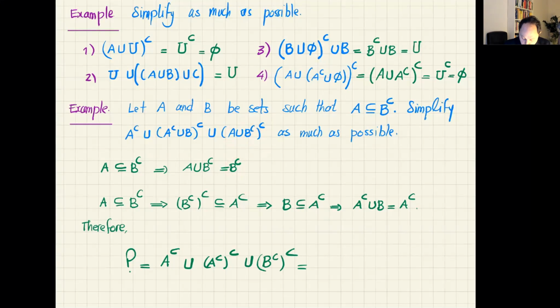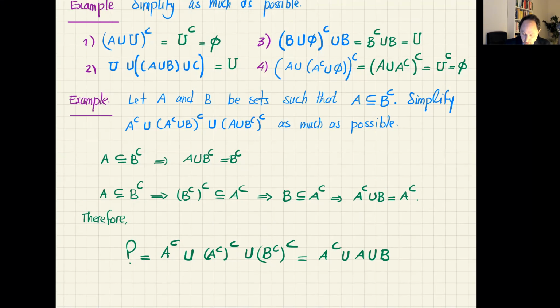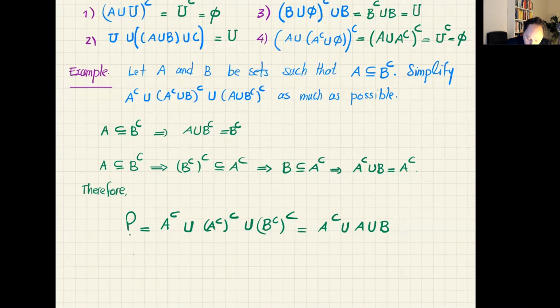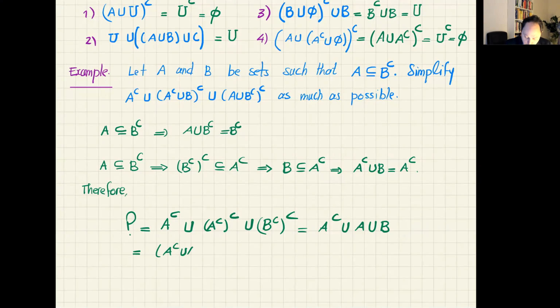If you want to simplify this, it becomes A complement, but complement of complement is the set. So that one also becomes the same. But if I want to be very strict, you need to write everything. So you see I have two unions, but we know that union is associative. So I can group the first two together, and then I will have the third one. But if I ask you, what is this one? You know the answer.